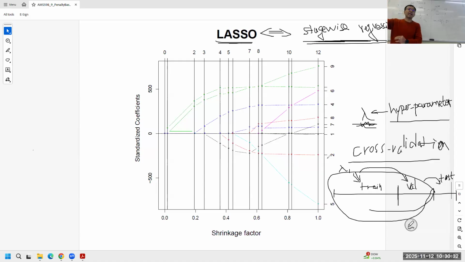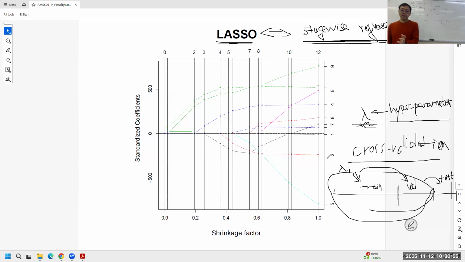That will be the first variable included in the model. Then, given that one variable in the model, you search among the rest, the other p minus one variables, and see which one makes the model most significantly better. That's forward selection.